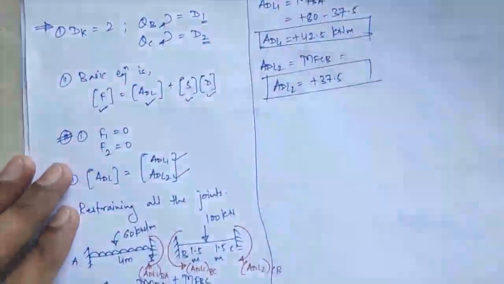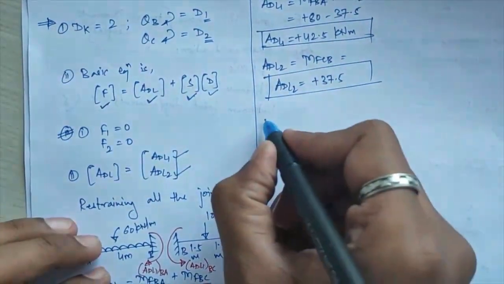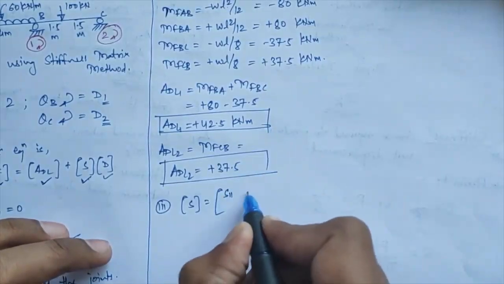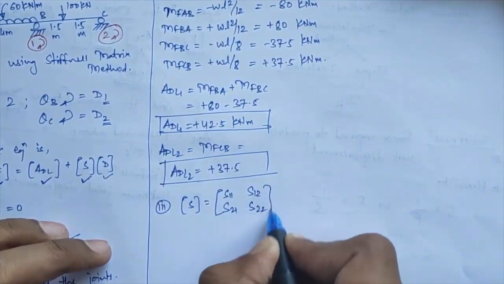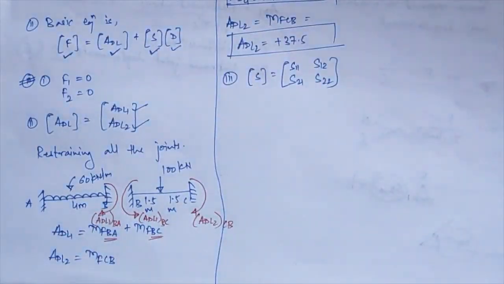Now we will move to our next step, that is the stiffness matrix. So next I will write S matrix, that will have values of S11, S12, S21 and S22. Okay, so one by one we will see. Now like in the flexibility matrix method, you are calculating your F matrix over there. In that F matrix what we are doing, we are applying the unit load at your first coordinate and second coordinate likewise.